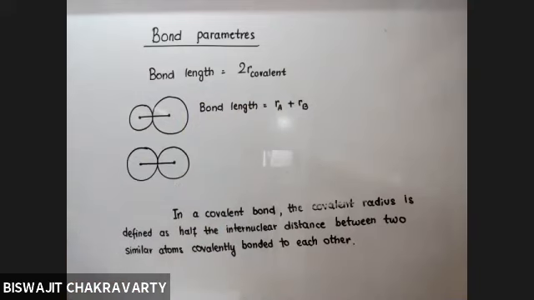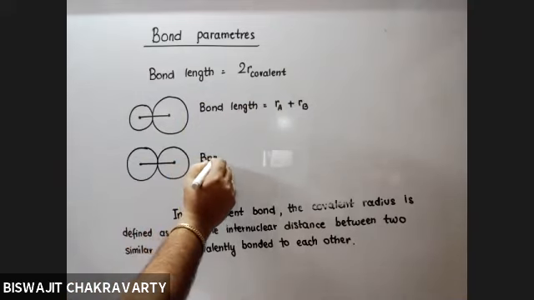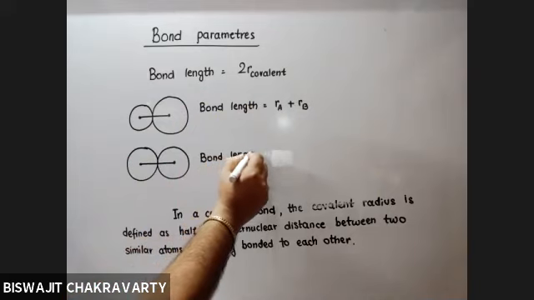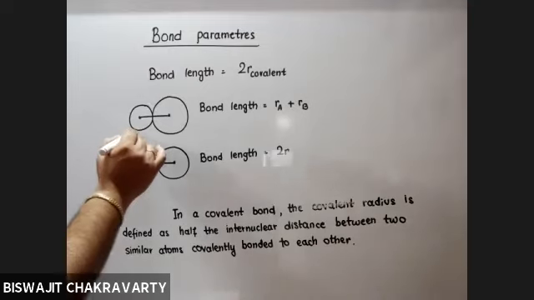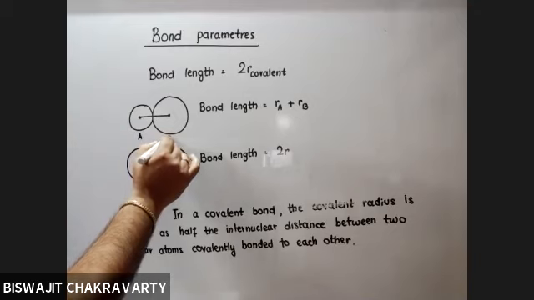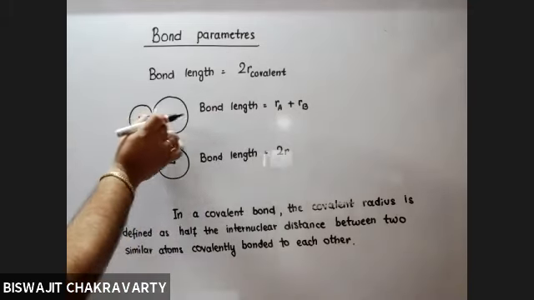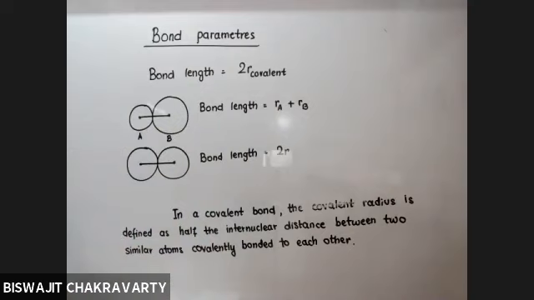So in that case, bond length will be twice R. See whether this point is clear to all of you or not. If this is atom A, this is atom B, then bond length will be the sum of the two radii. And if both atoms are similar, then both of them will have the same radius. So you need to simply double it to get the bond length. Clear?